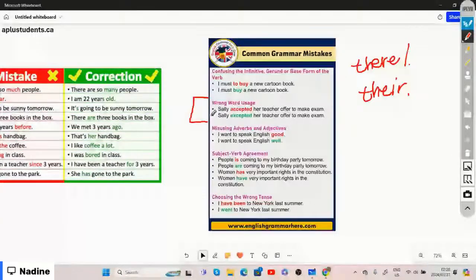That is accepted. And then we have the word excepted, and excepted is where you're not included.